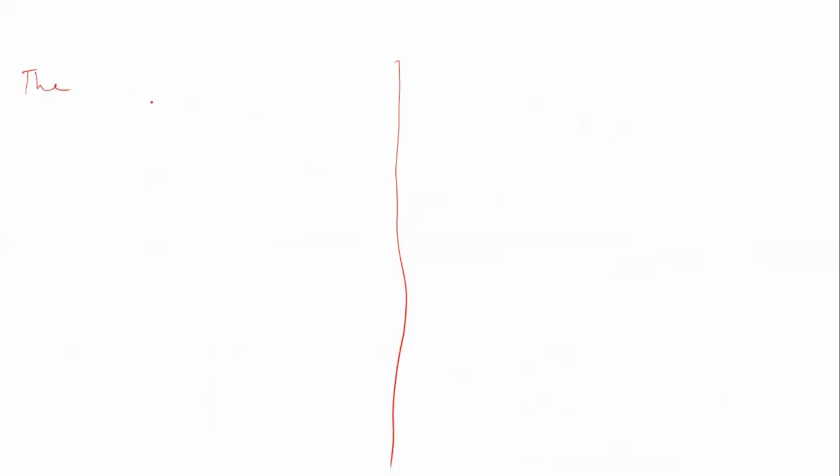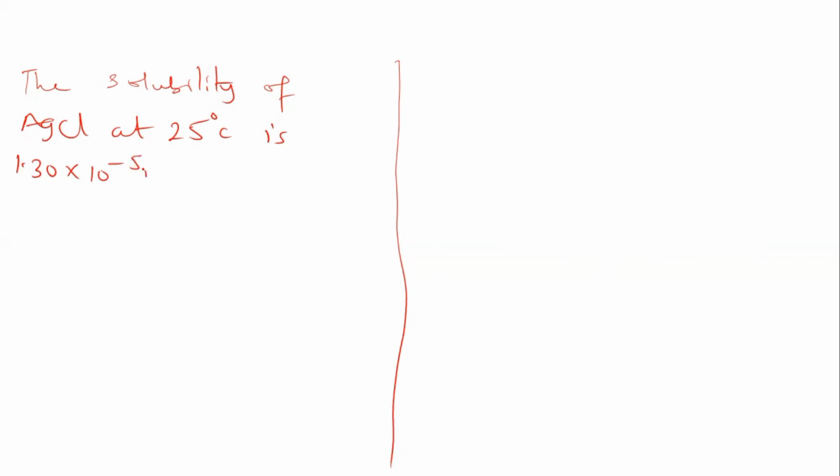The solubility of AgCl at 25 degrees C is 1.30 times 10 raised to the power minus 5 mole per dm cube.